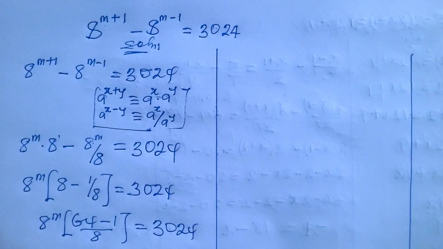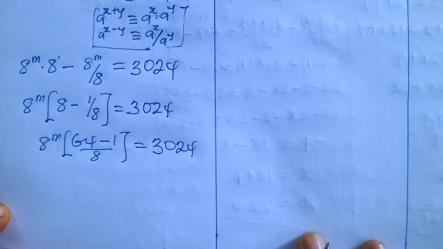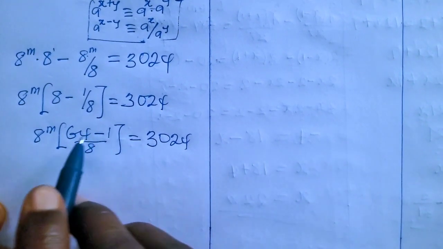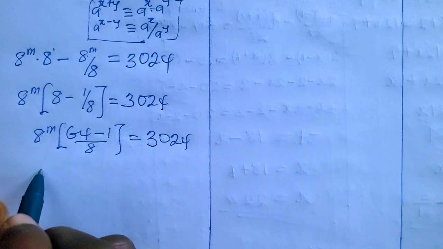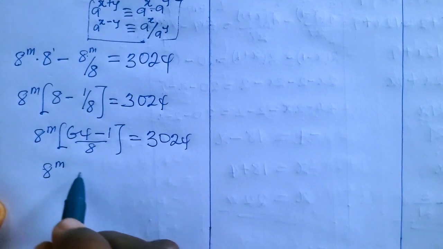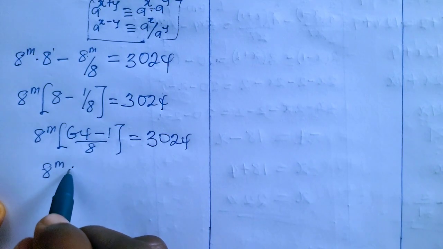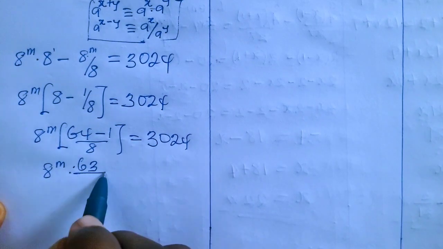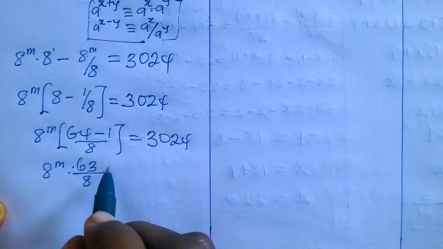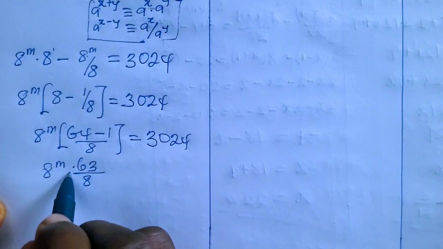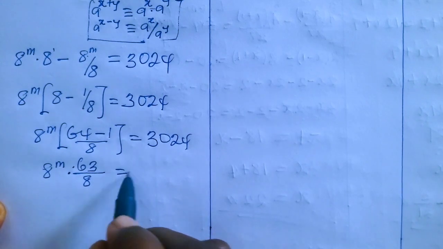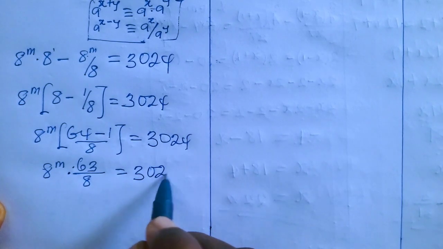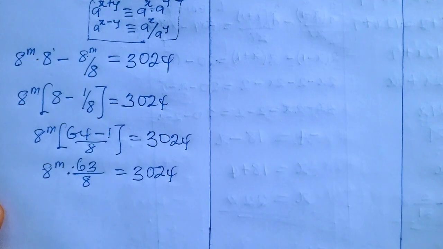And again, we simplify, we take the difference in the numerator, and we have 8 to the power of m multiplied by 63 all over 8 equals 3024.